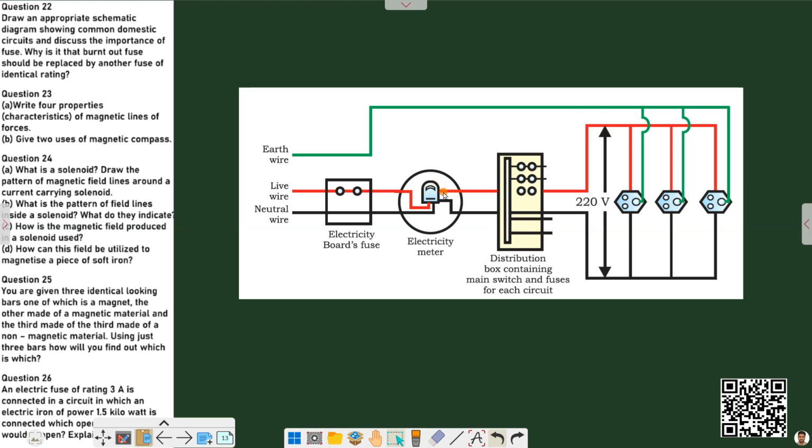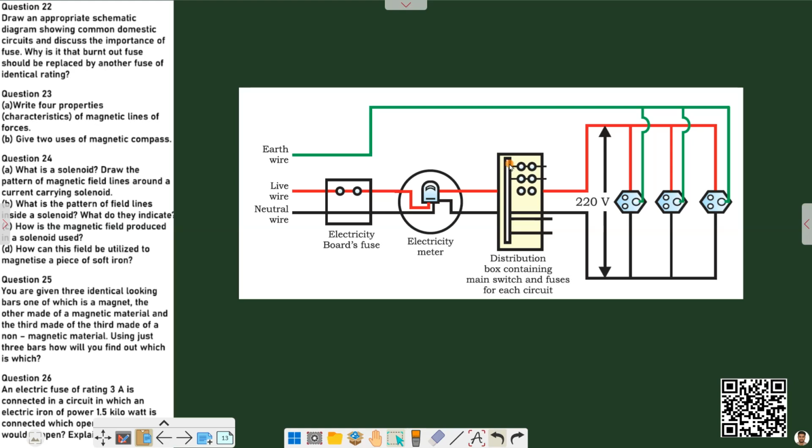Now this red wire or live wire goes to the electrical distribution system. This distribution mostly has fuses. Here we have individual fuses for each appliance or each room depending upon the load. In the case of the main board we have one fuse for the whole house, and here we have separate fuses for each appliance if it is a very high load appliance, and for each room if it is a normal connection.